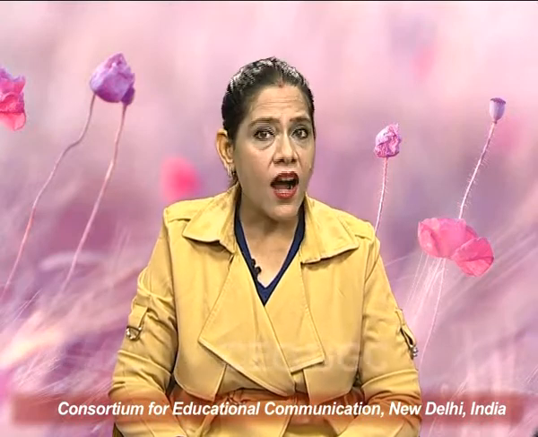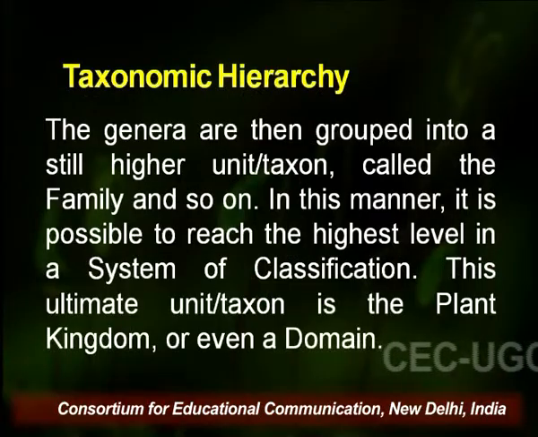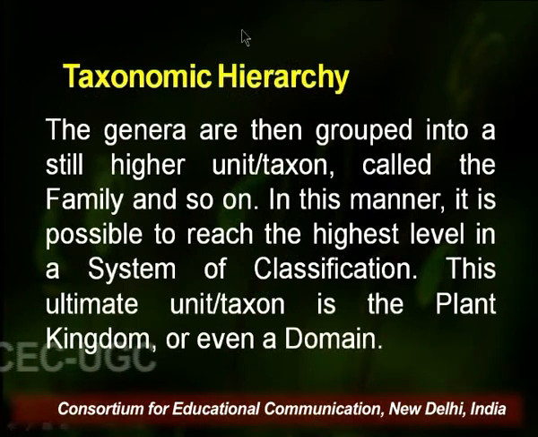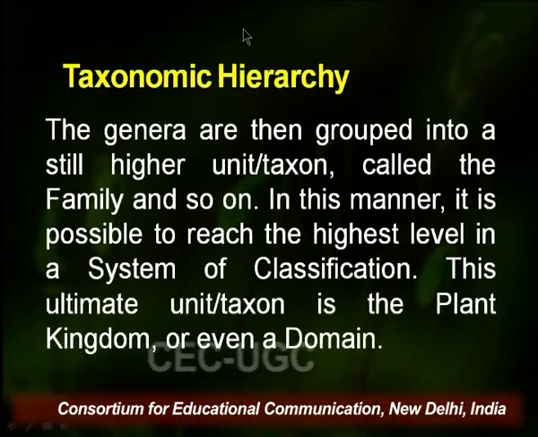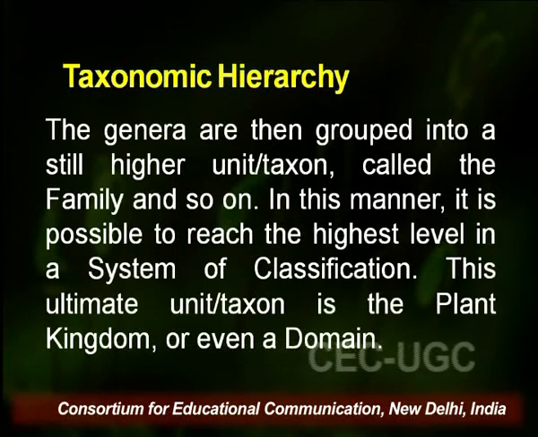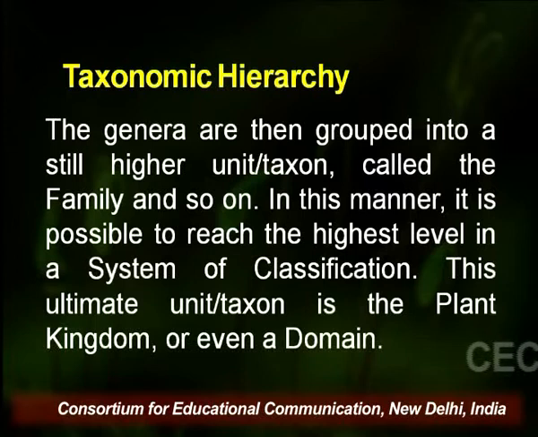The genera are then grouped into a still higher unit or taxon called the family, and so on. In this manner, it is possible to reach the highest level in the system of classification. This ultimate unit or taxon is the plant kingdom or even the domain.